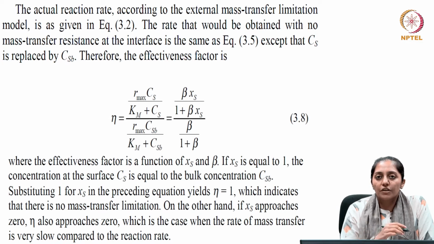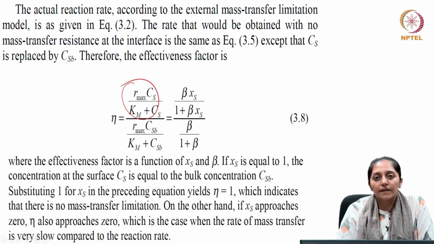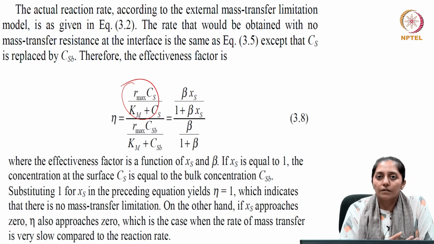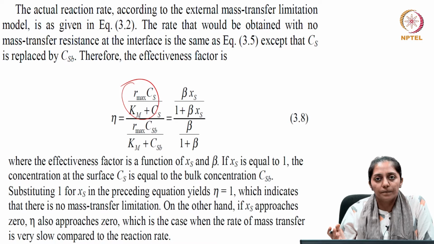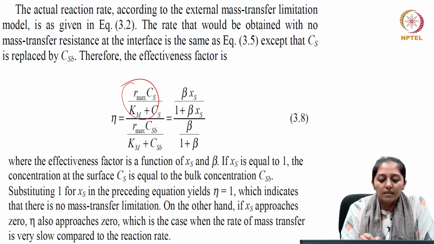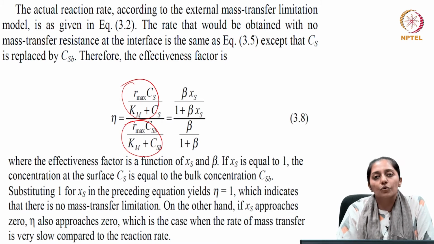So, your reaction rate was given as shown in the numerator. This is the actual reaction rate. Now, if the same system was not diffusion limited, whatever was the bulk concentration would have reached the surface, with very fast mass transfer. So, in that case the reaction rate would have been as shown in the denominator, where the substrate concentration is equal to CSB.